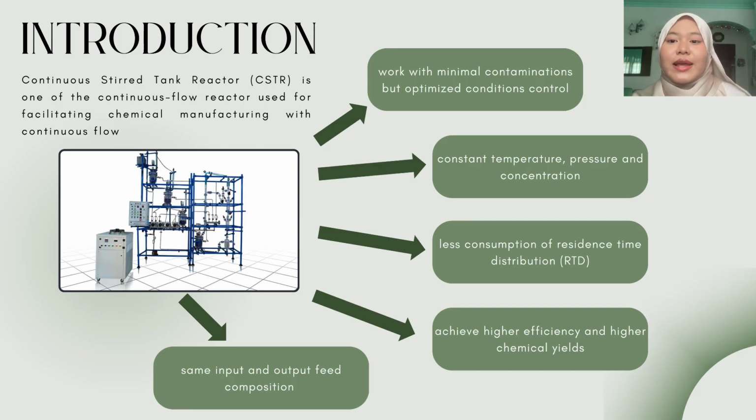Because of this, they have less consumption of residence time distribution, which is RTD. CSTRs are also able to achieve higher efficiency and higher chemical yields, and they have the same composition of the input and output of the feedstock. So basically, CSTRs have no decrease or increase in volume.